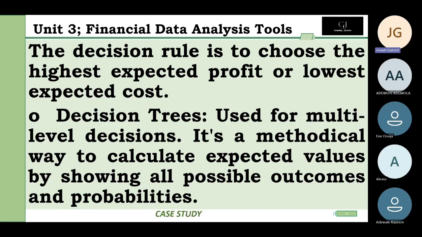And you can achieve that by decision trees. Decision trees are used for multi-level decision. It's a methodological way of calculating expected values futuristically by showing all your possible outcomes and probabilities and choosing among them. So in the case study exam, for example, you have a plethora of options. So to achieve superior value, you have to give 4 superior points for each box.